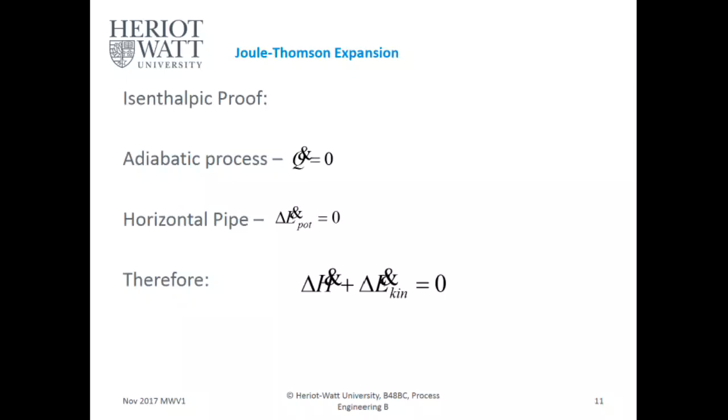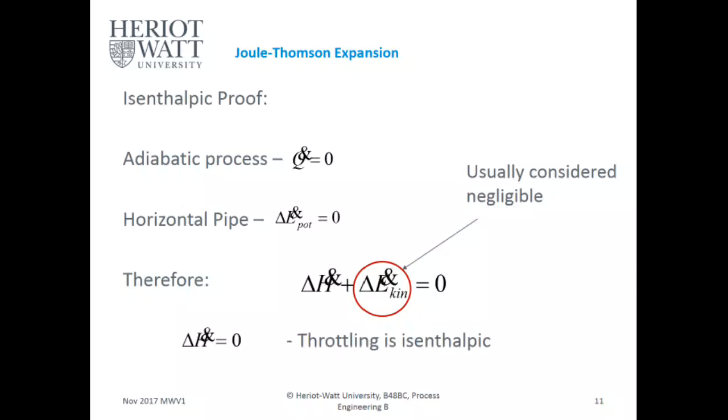And therefore, the change in enthalpy plus the change in kinetic energy equals zero. But the change in kinetic energy is usually considered negligible. Now, we're going to go through the proof of why and how it is negligible. Hence, the change in enthalpy equals zero, and throttling is isenthalpic. No change in enthalpy.